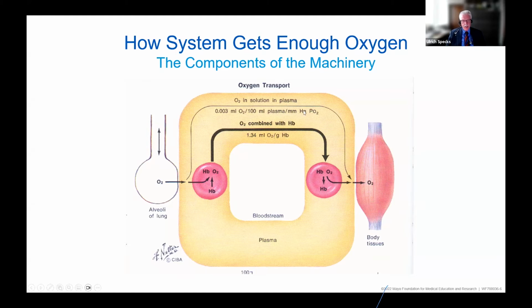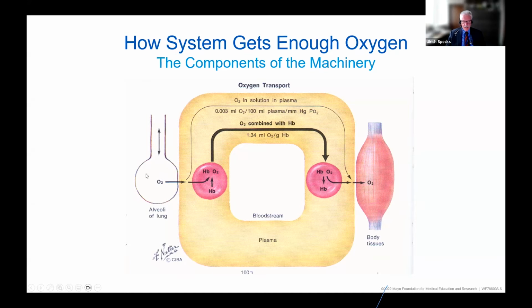So how does the oxygen get out of the air into the tissues? Well, on the left side here, you see this little sac that symbolizes the small air sacs in the lung tissue, the delicate lung tissue.